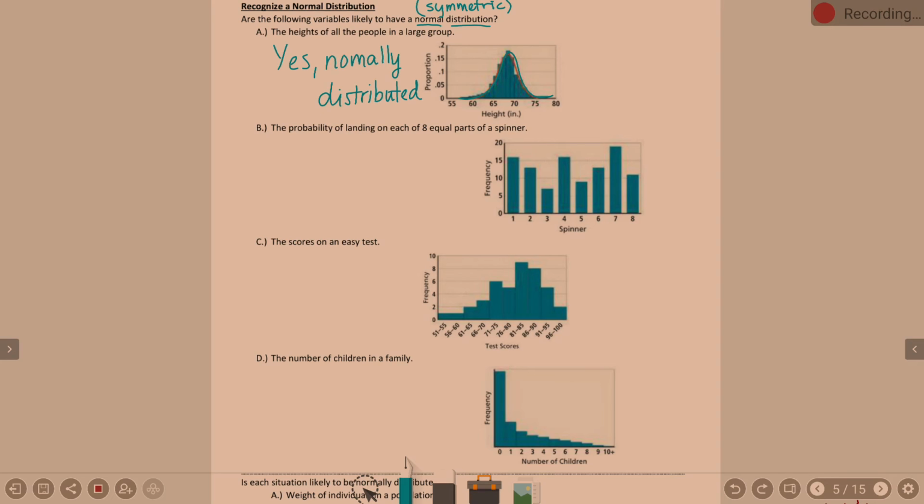So this is saying the 1 was landed on like 16 times. The 2 happened like 13 times. The 3 happened 7 times? So even though they all had an equally likely chance of happening, that didn't actually happen. So, is this a normal distribution? No. And I'm trying to remember how I put it down. Each probability has an equal chance of occurring.